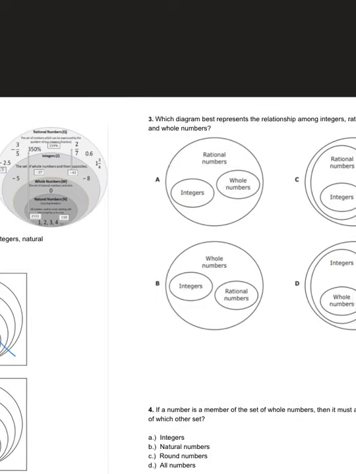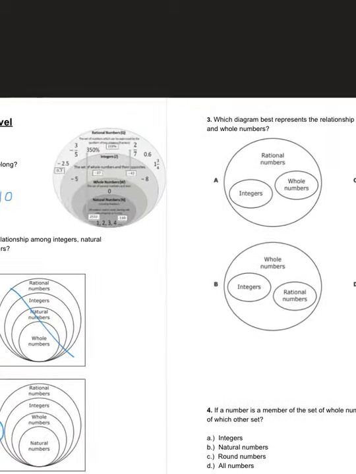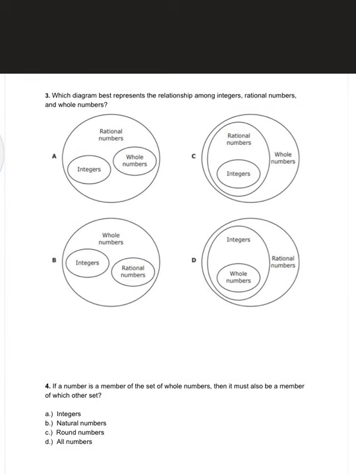So when I look at these pictures, I notice on answer choice A, it's saying that integers is completely separate from whole numbers. And I notice something similar on answer choice B. It's saying that integers is separate from rational. But when we looked at the picture, we saw that integers, whole numbers, and rationals are all within each other. So that would tell us that A and B are not going to be our choices.